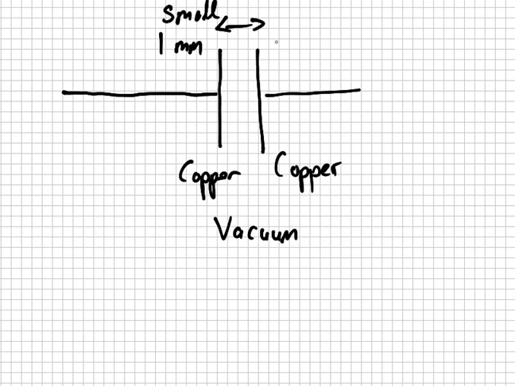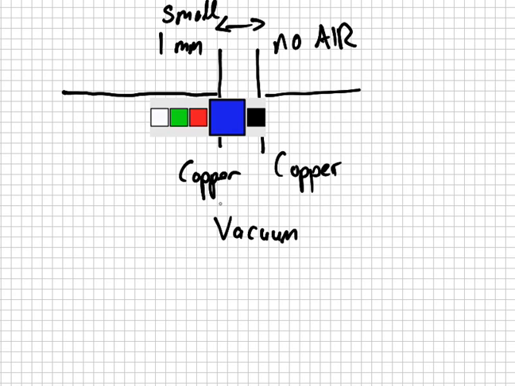So what I mean by that is no air in here. And that's how you can make a capacitor. So it's a very simple machine. So the charge comes along here and then builds up and then continues on through.